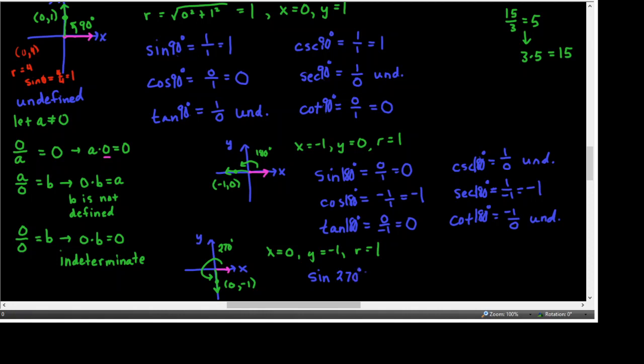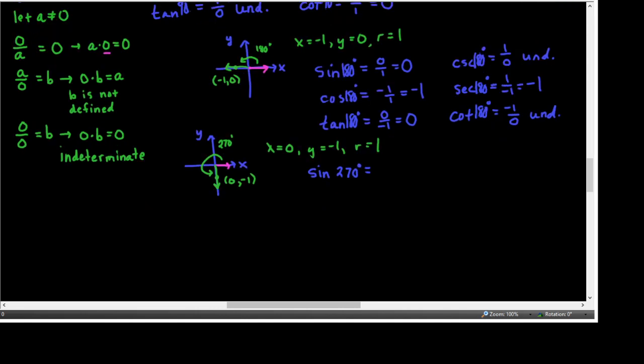Sine of 270 degrees is what I'm wanting to find. Okay, so let's see. Sine is y over r, so that's -1. Cosine of 270 degrees is x over r, so that's 0. Tangent of 270 degrees is y over x, so undefined.